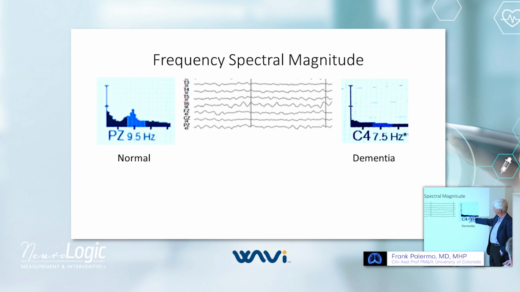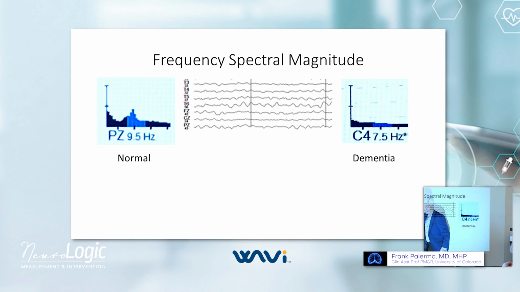Now, alpha goes from about 8 to 12, or approximately 13. But the computer will analyze this and give you a score. You don't need the score, you just need to look. Like, this is really good, okay? It's in the blue, it's in the alpha range.